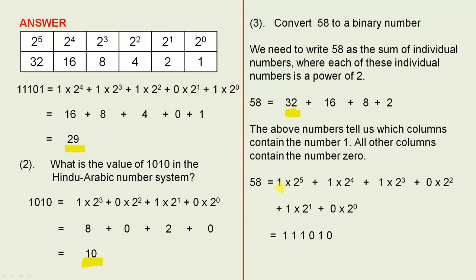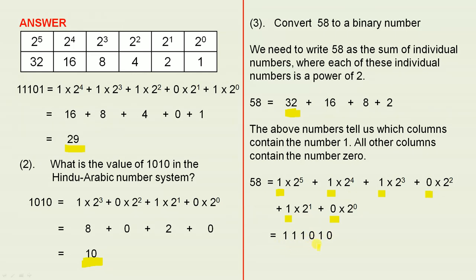So, basically, 58 will be 1, 1, 1, 0, 1, 0.